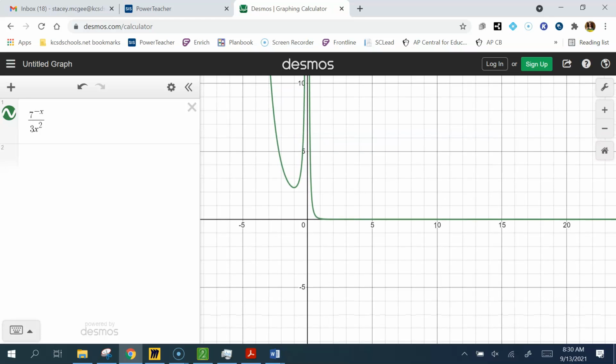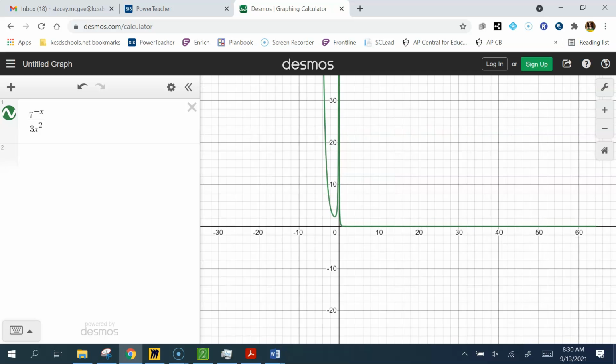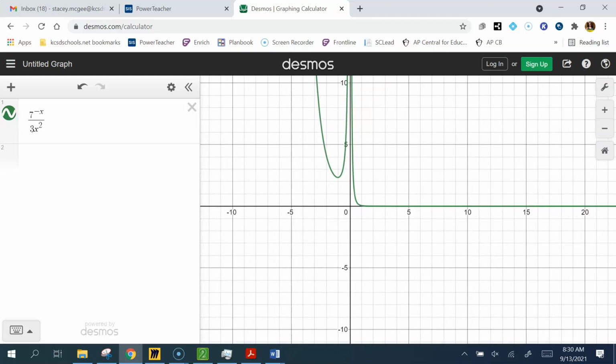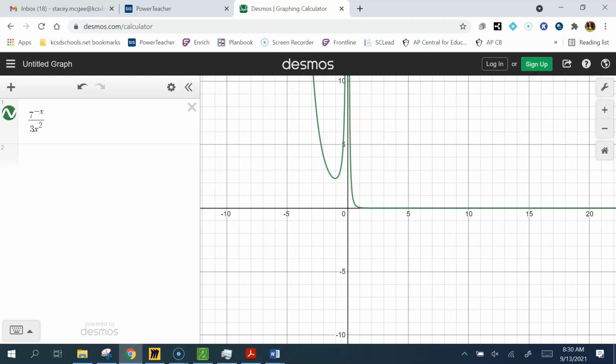Look at the graph as I go to... Parentheses, yes.